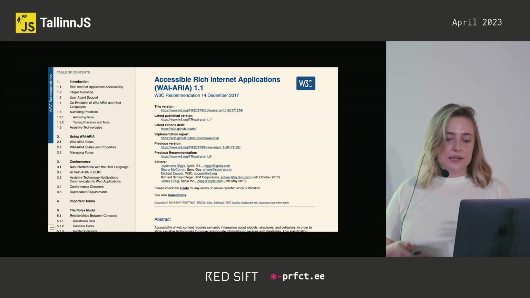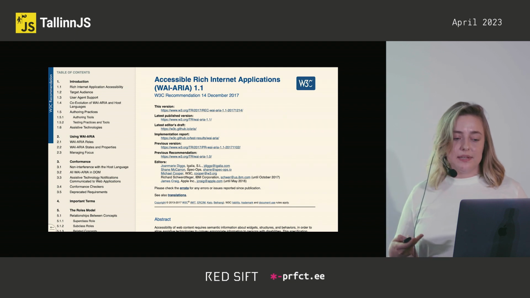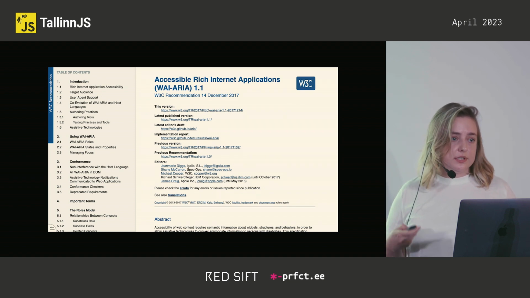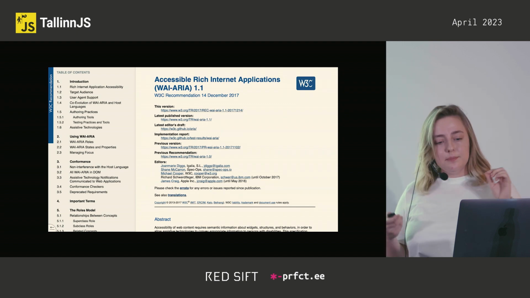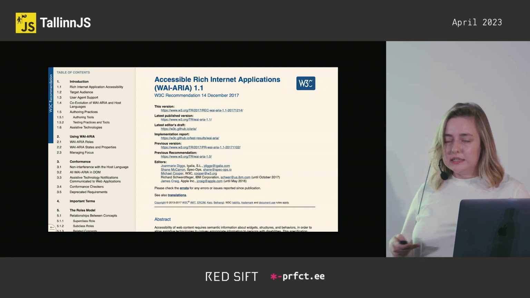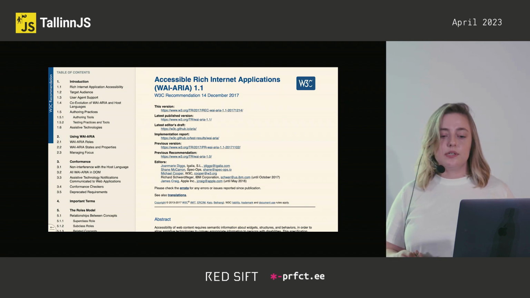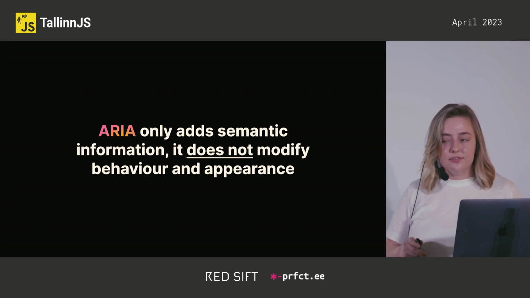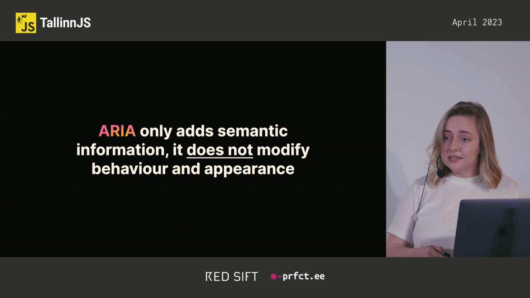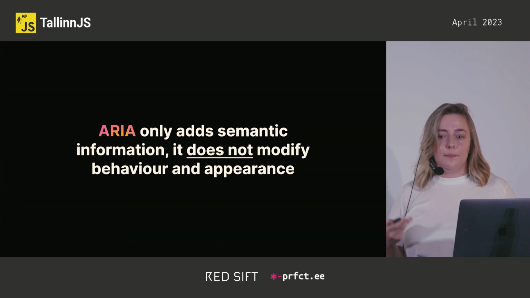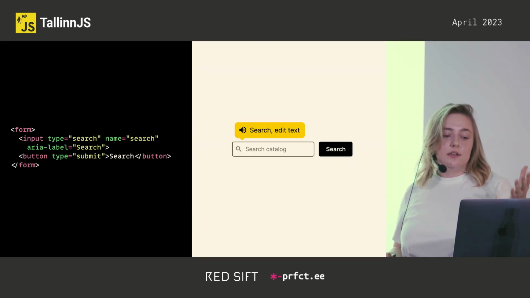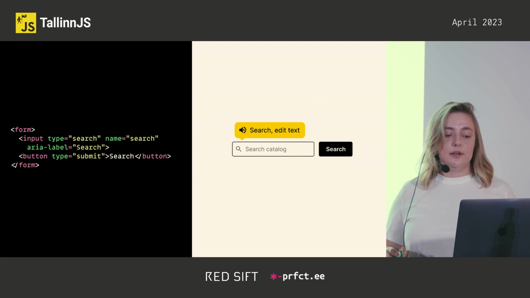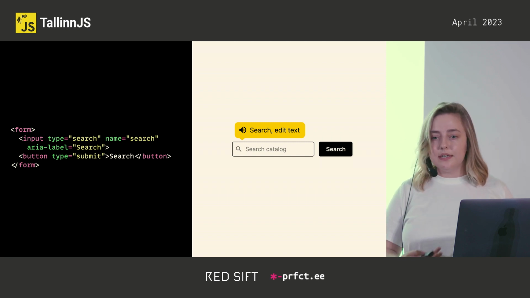This is a really big document that explains a lot of the additional attributes that we can use in HTML to add semantic information about elements. There are a lot of ARIA attributes you can see in the specification, but the important thing to note is that they do not modify behavior or appearance in any way. They are just there for semantics. So they can be announced by screen readers or other assistive technology, but they do not modify behavior or appearance. So in this case, if we have aria-label in there, it will still work in the same way, but we have a little bit cleaner code.